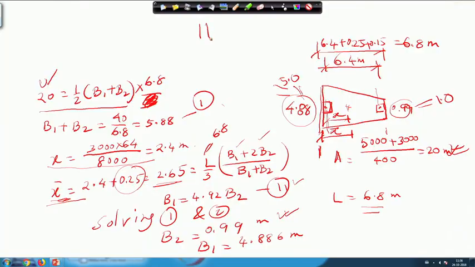After getting this trapezoidal footing, I can draw the pressure diagram. Actually, this is the column, and another column is supposed to be somewhere here, and the footing also here.